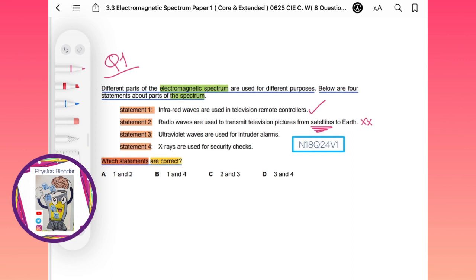We will discuss intruder alarms in electricity, and it's not ultraviolet, so this is incorrect. X-rays are used for security checks, right? When you go to the mall or airport security check, we are using X-rays. It's correct. So statement 1 and statement 4 are correct.